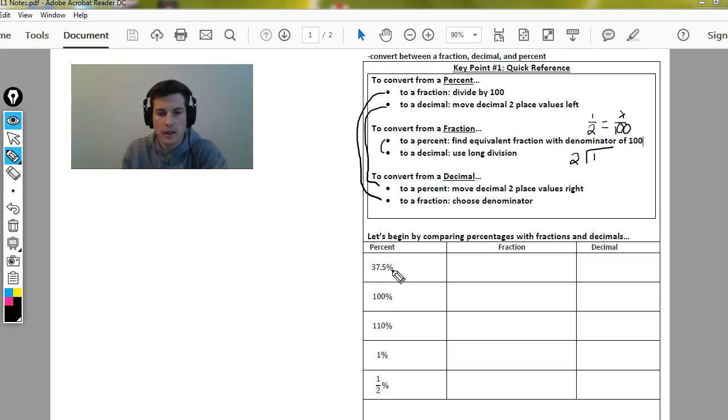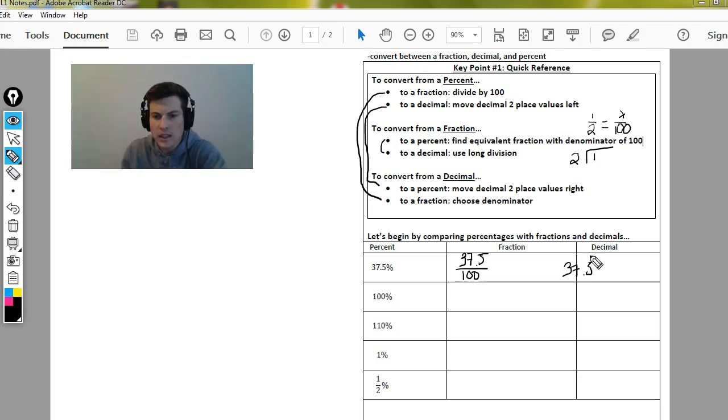So let's begin by comparing percentages with fractions and decimals. If I have 37 and 5/10%, what is my fraction? Well, I need to use my strategy, divide by 100. So this would be 37 and 5/10 divided by 100. And that's it. Now it's a fraction. How about for a decimal? Well, to get to the decimal, we need to move the decimal two place values to the left. So I'm going to rewrite my 37 and 5/10.